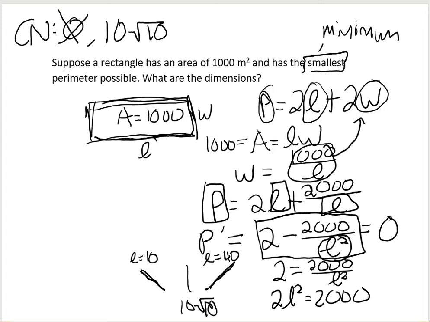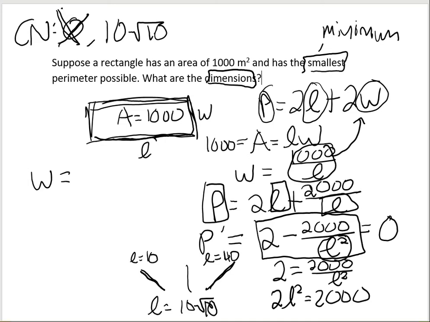And again, you could check the endpoints to be sure it's absolute, but 0 is not going to intuitively make sense. So that means having a length of 10 root 10 is what gives us this. But it asks for the dimensions. That's not just the length, that's also the width. So what is the width?